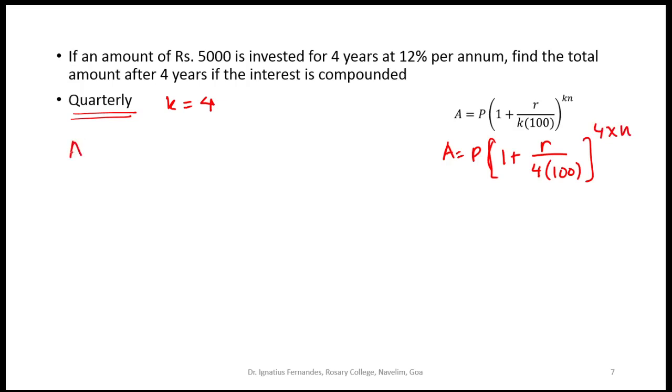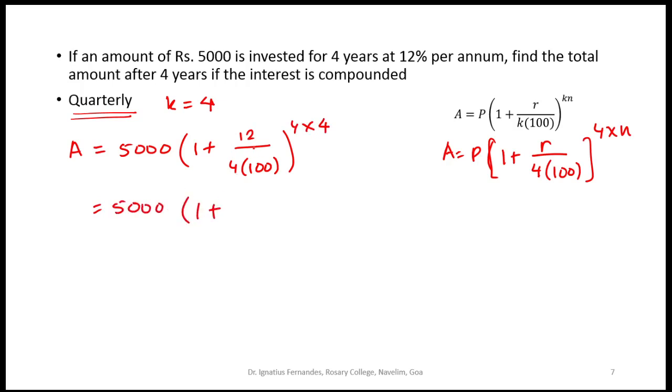So the total amount will be equal to P is 5000 into 1 plus R is 12 upon 4 into 100, raised to 4 into 4. So this will be 5000 into 1 plus 12 upon 4 into 100 is 0.03, raised to 4 into 4, that is 16.